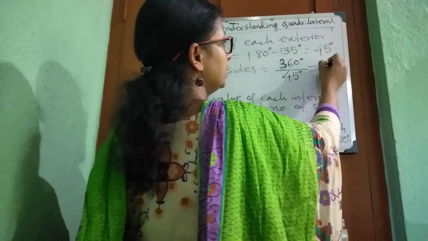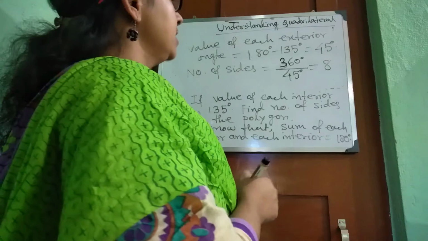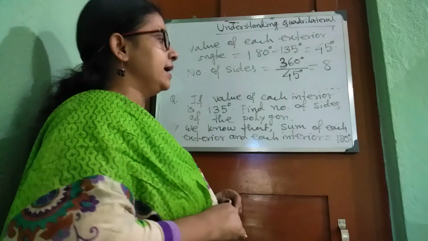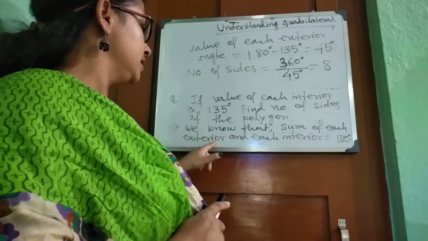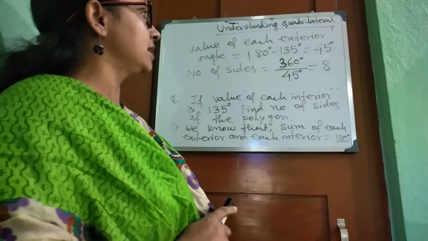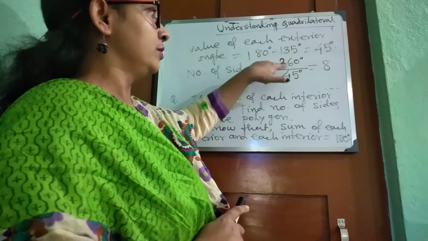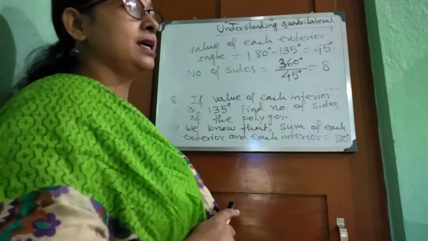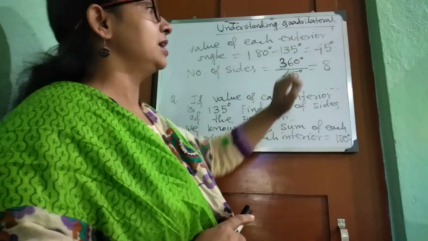If you divide it, you will get 8. So the number of sides of the polygon is 8. If each interior angle 135 is given, then by using this formula we can find the value of each exterior angle. Then if you want to find the number of sides, you divide the total value of exterior angles by the value of each exterior angle.